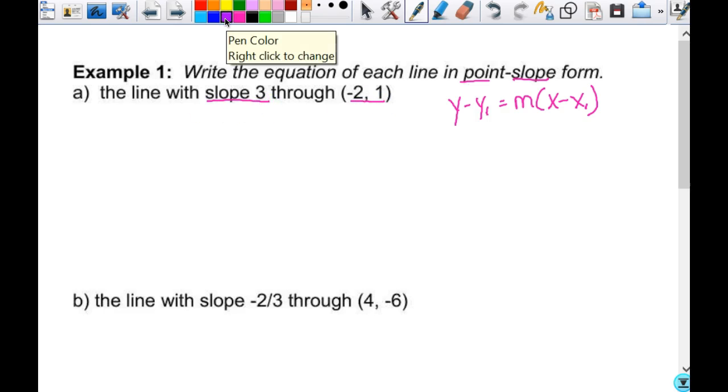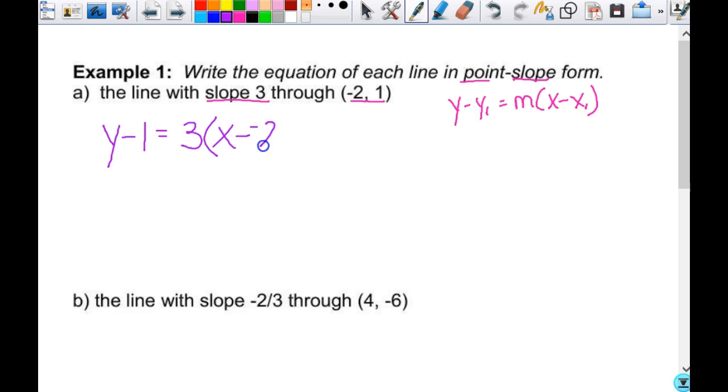So I'm going to plug this in, and this is going to be y minus what? 1 equals my slope, which is 3, times x minus what? -2. Okay. So I'm going to clean this up a little bit. I'm going to do y minus 1 equals 3 times x plus 2.